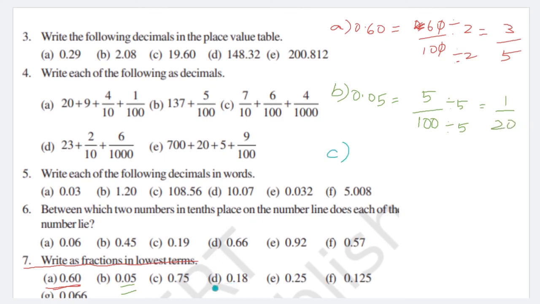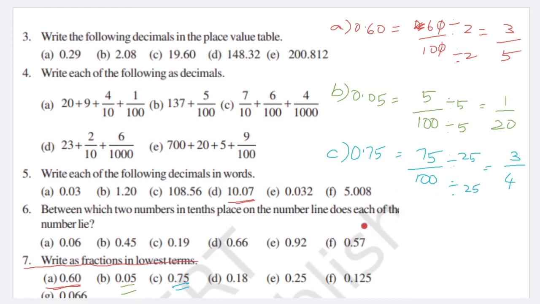The next one is 0.75, the same thing as 0.05. 2 digits are there after the decimal point, so there will be 2 zeros in the denominator after 1. Now you can divide both denominator and numerator by 25, and you will get 3 by 4.